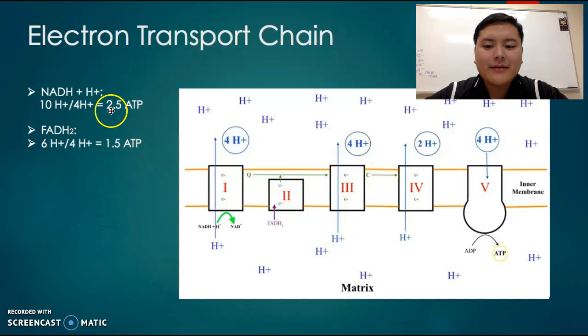So if we look at that, remember, 10 hydrogens created by NADH. So 10, and then 4 is converted into ATP. So if we take 10, divide that by 4, we get 2.5 ATP. We do the same for FADH. So we have 6, 4 plus 2, that's 6, divided by 4 H plus. So FADH converts into 1.5 ATP.